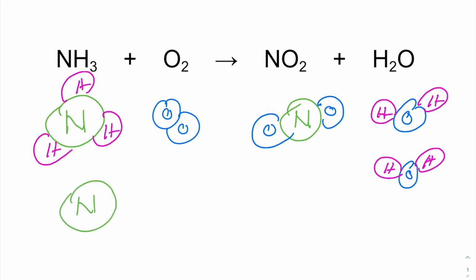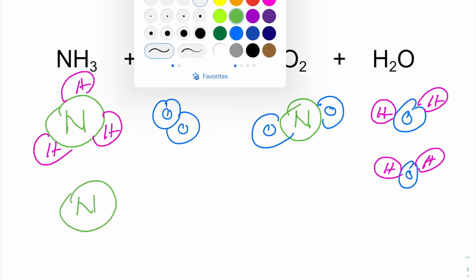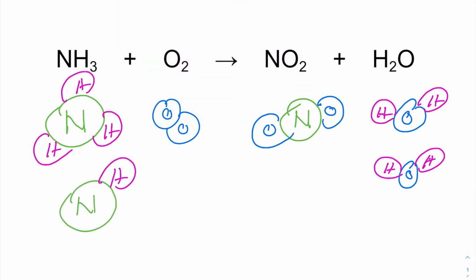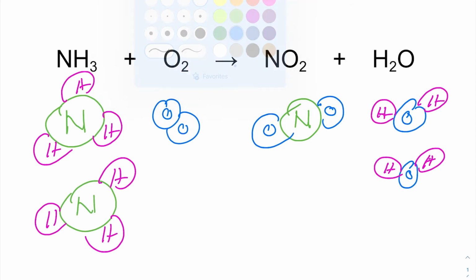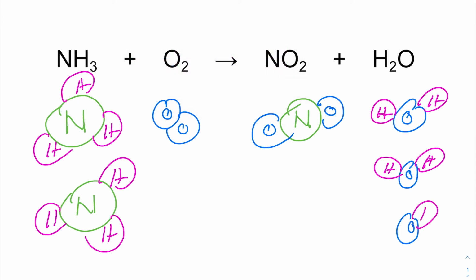So balancing equations is always going to be a trial and error process, no matter what strategy you are using. So now I've got 6 hydrogens on the left. Let me draw another water molecule on the right. Blue for oxygen. If you are drawing them, keeping them different colors helps you just to identify them.